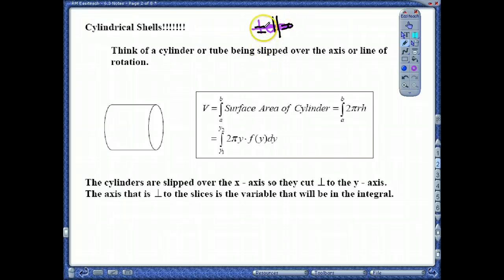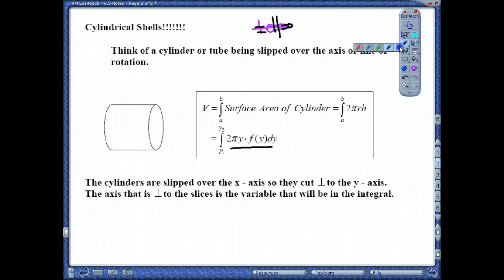So if it cuts the y perpendicularly, I'm not altogether sure that's a word, so don't use that anywhere else, but here, you get to use y in the equation. So when would you use cylindrical shells? You're going to use cylindrical shells when you need to rotate it about an axis, but you can't solve the equation accordingly. That gives you another option.